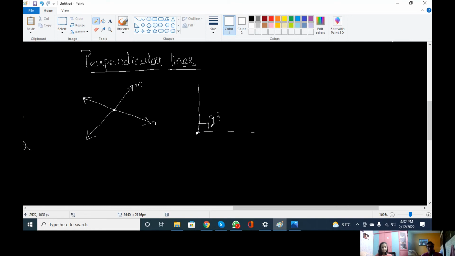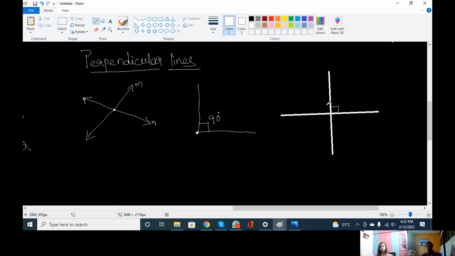So we call it a right angle. In the same way, two lines here. This is one line and another line. These both are meeting at a common point and making an angle 90 degrees. If you put a protractor here, you should measure 90 degrees.